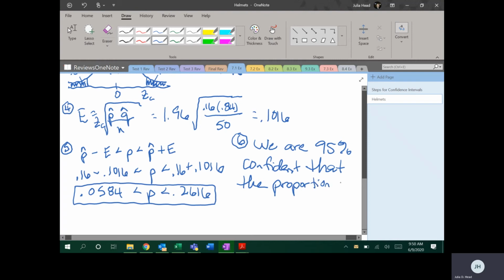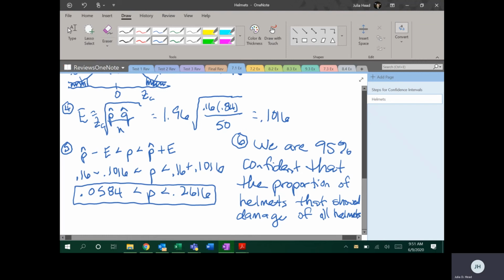So we are 95% confident that the proportion of, and then tell me, what were we counting? We were counting helmets that showed damage. So the proportion of helmets that showed damage, then from what? Of all helmets.